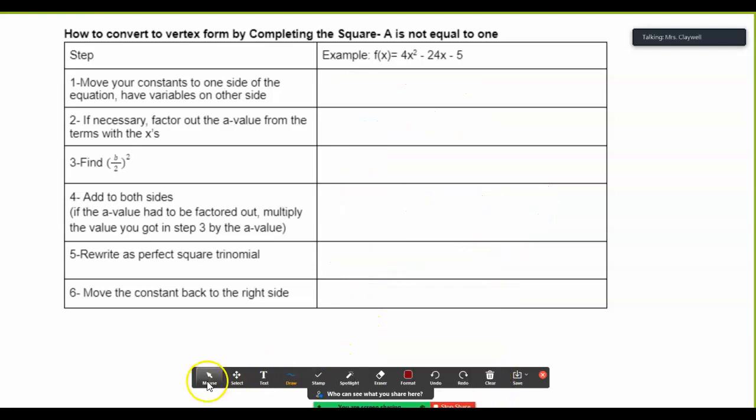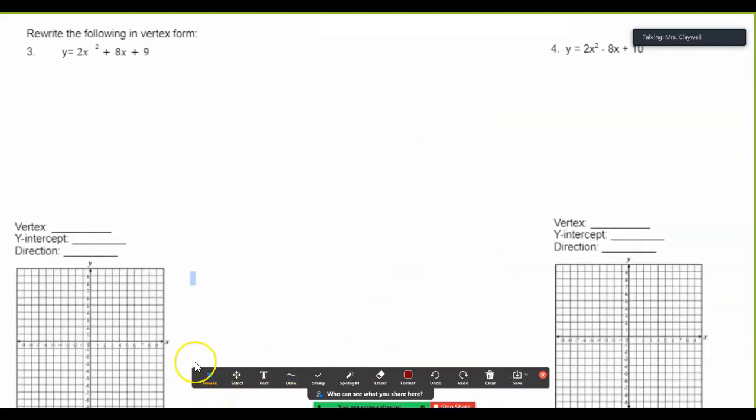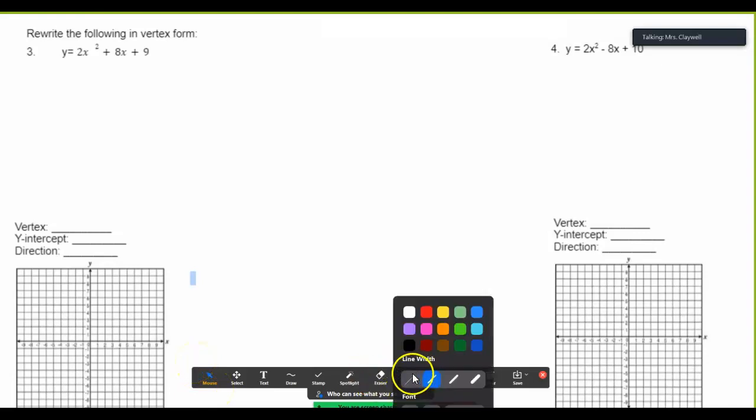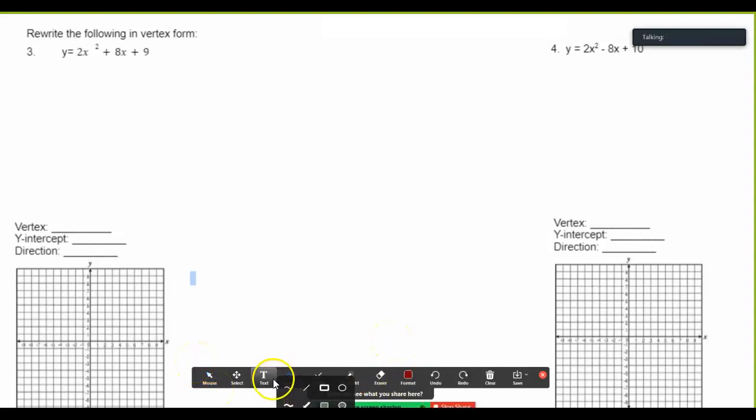So we're going to do 2 more like these where a is not equal to 1. So I'm going to move my constant to the other side.